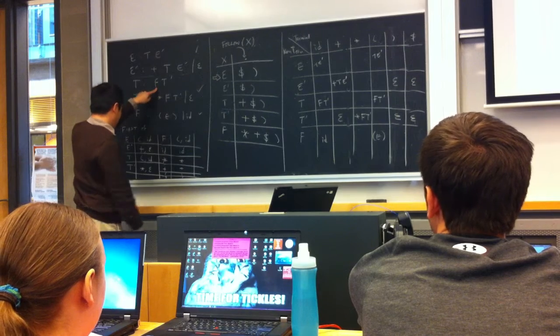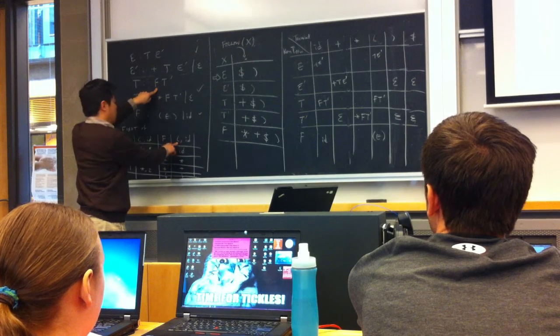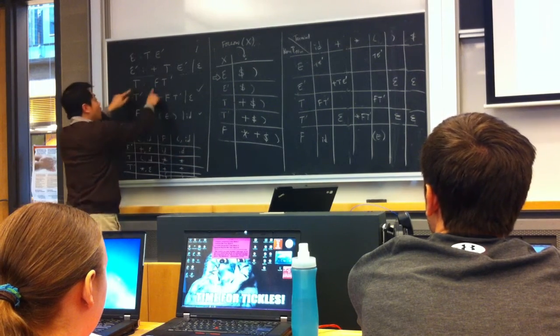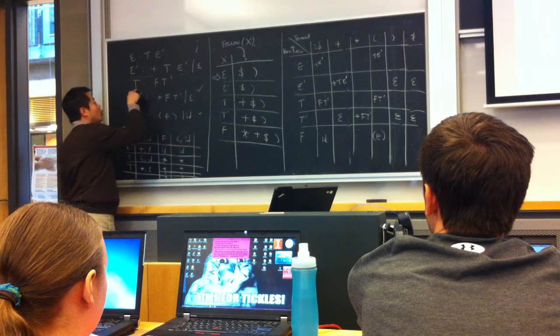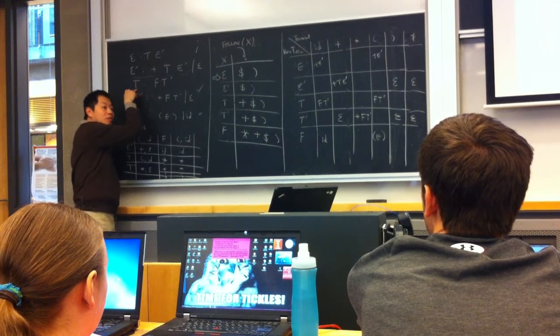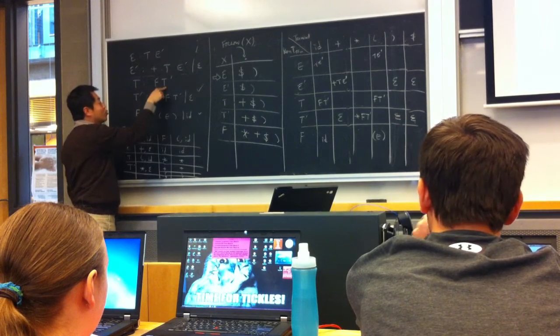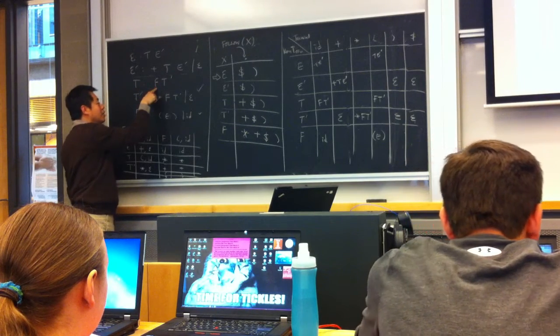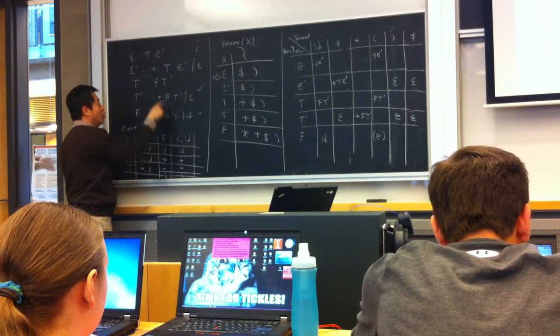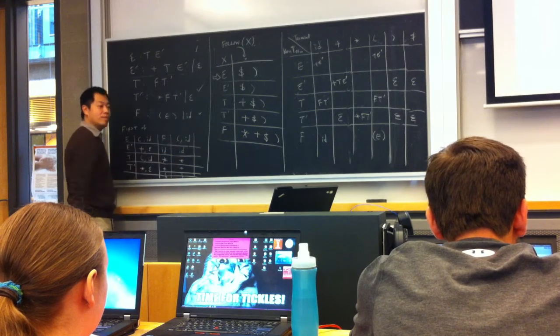The first of F is open bracket and ID. So when do you use this? When you're trying to expand T, you're committed to produce a T. When would you use this rule? It's when you see an open bracket or when you see an ID. Right?